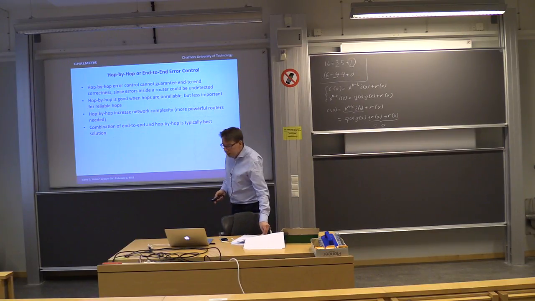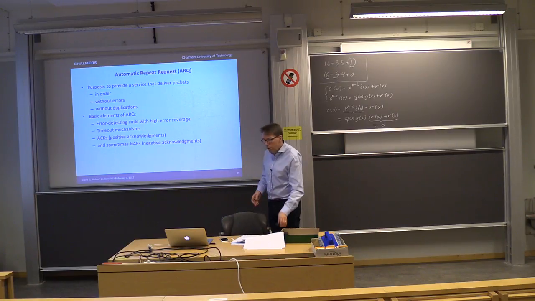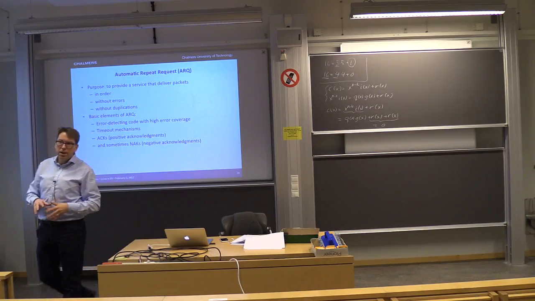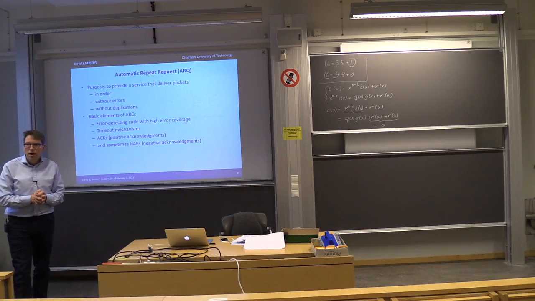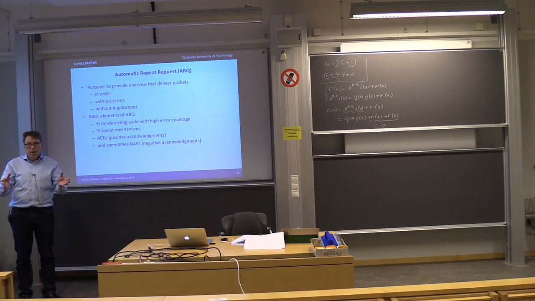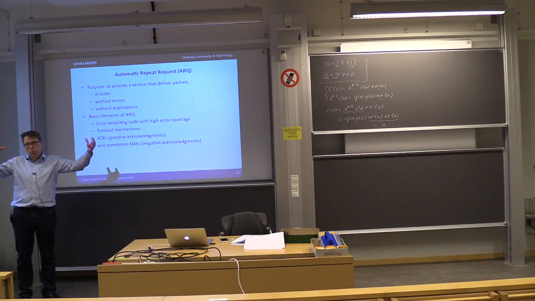Okay, so how are we going to do this? Now there was a lot of yada here, right? But let's now assume that we have a link, a hop, which is unreliable. And that hop could be a hop over one physical link or over several links if we're on a higher layer in the protocol stack.